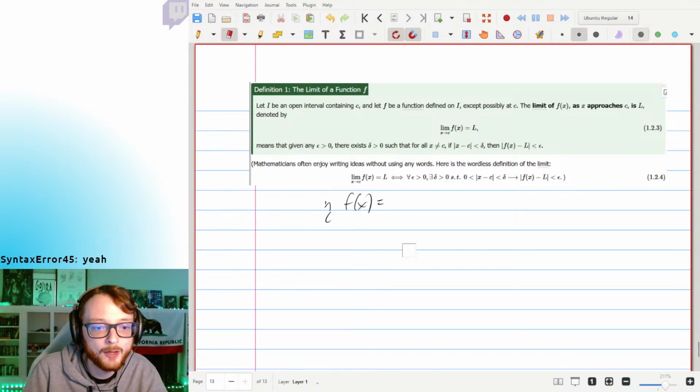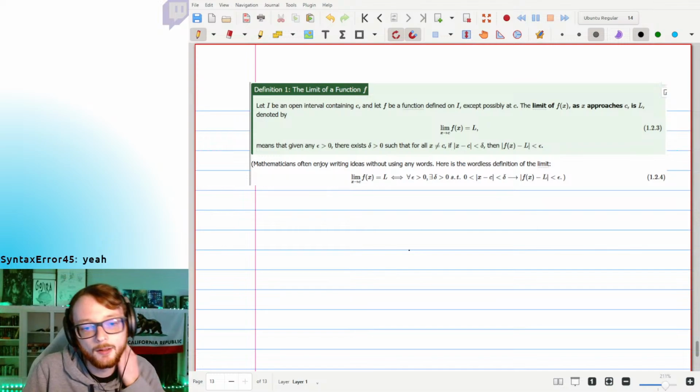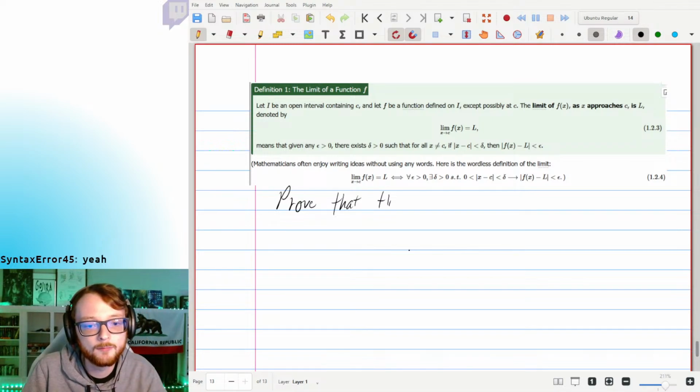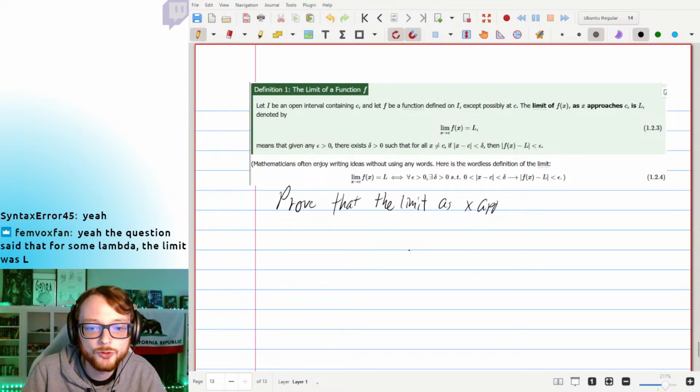I don't know why I'm rewriting that. How do we do this? So let's say we want to prove, the question is to prove, that the limit as x approaches C of f of x equals mx plus b.